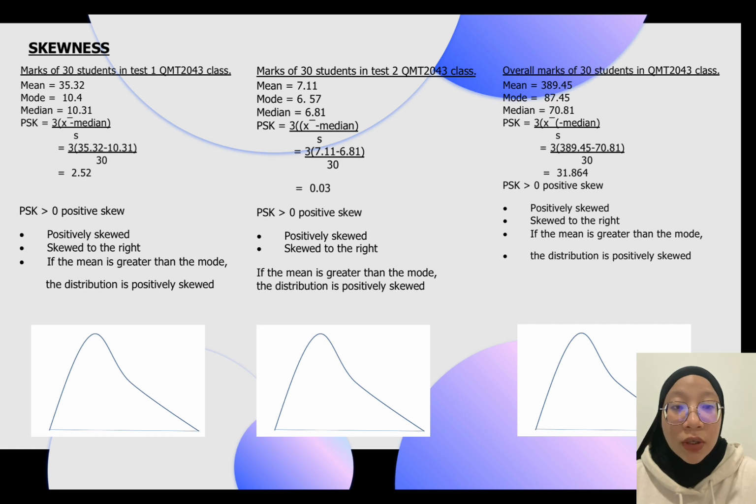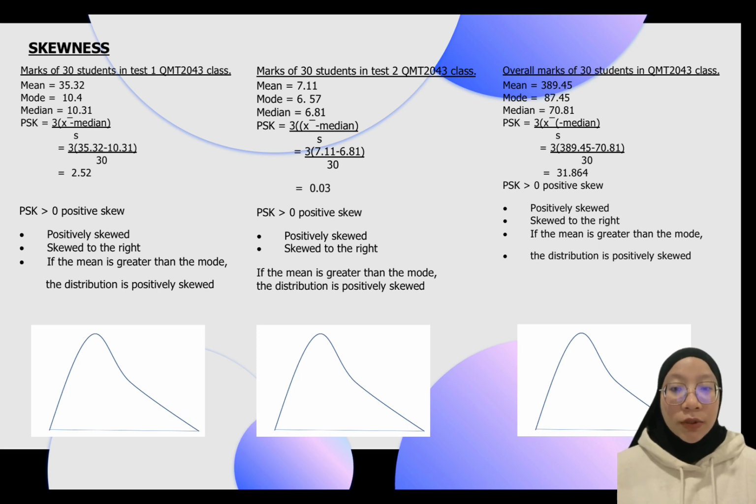The total we calculated is 0.03. This means PSK is bigger than 0. The graph is also skewed to the right, with the mean greater than the mode, so the distribution is positively skewed.